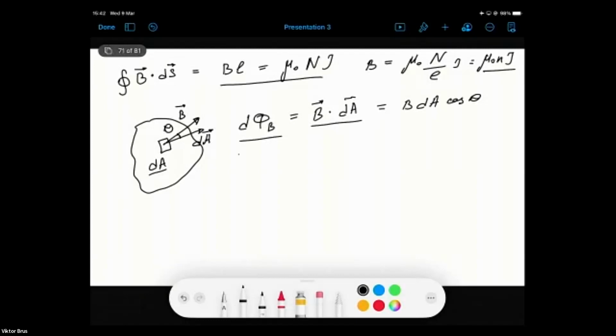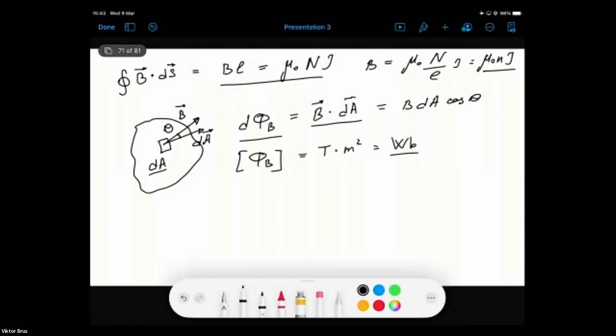So units for magnetic flux are Tesla times meter squared, and it is named Weber. So we have a special unit for magnetic flux, which is Weber.